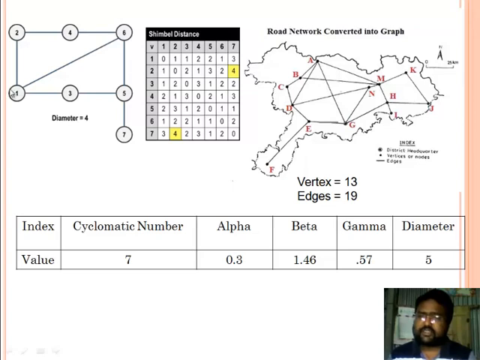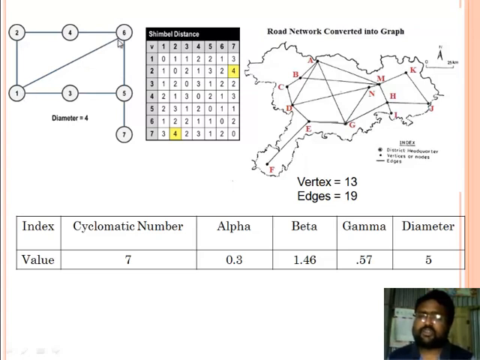Now 6, look here, from 1 to 6 we have 3 routes. In this route if we want to reach 6, then we need to cover 3 edges. From this side, again 3 edges are required to cover.